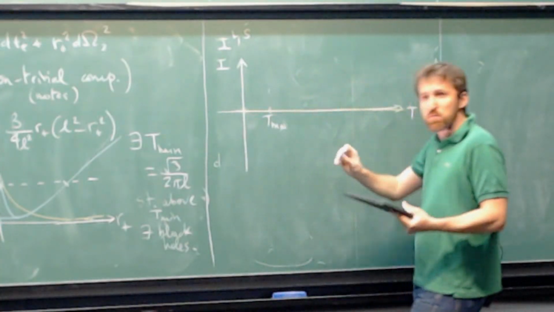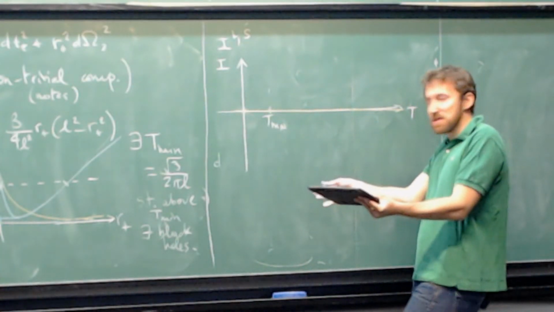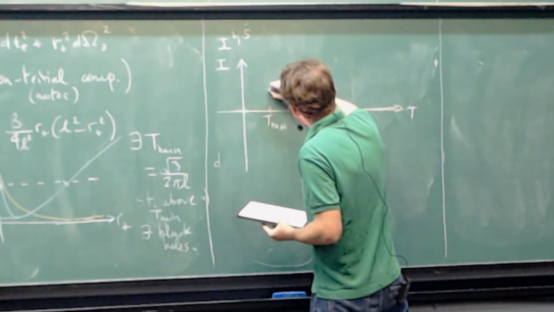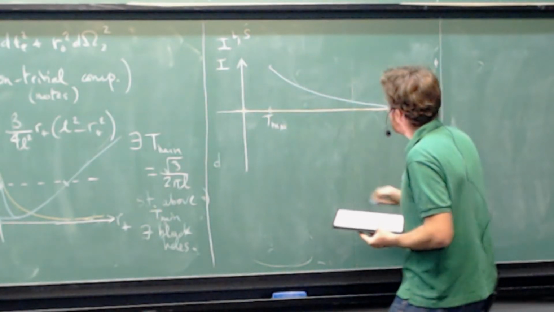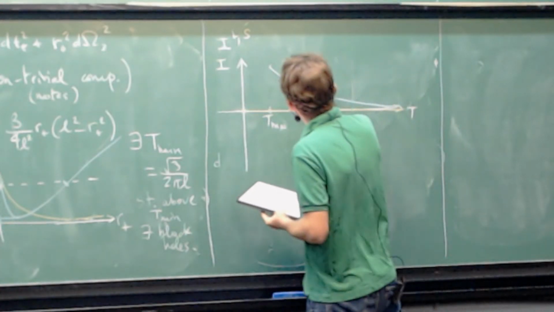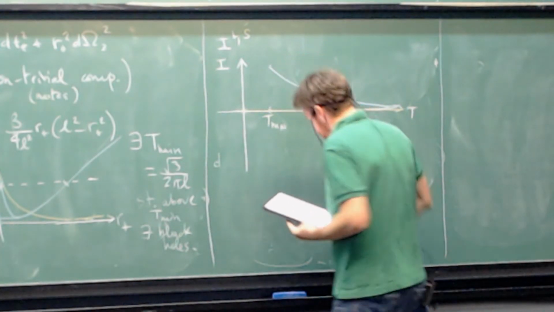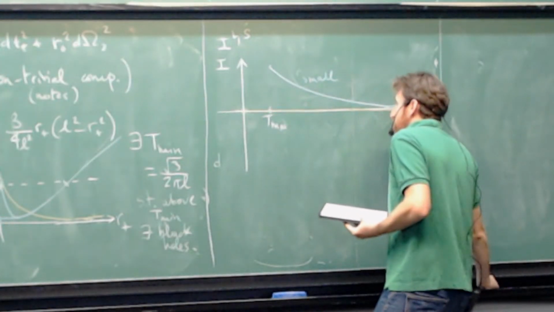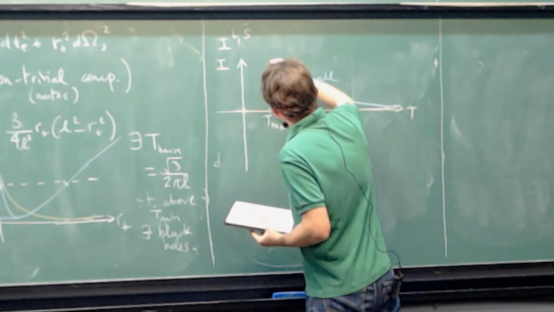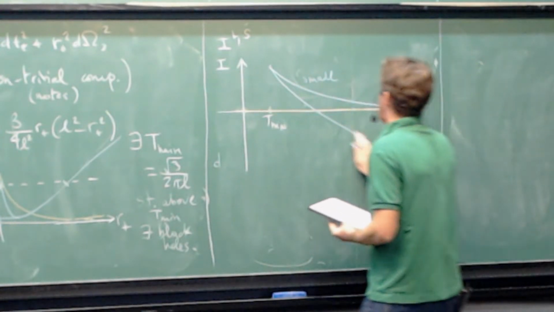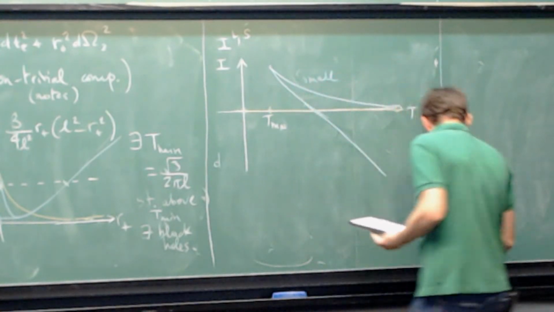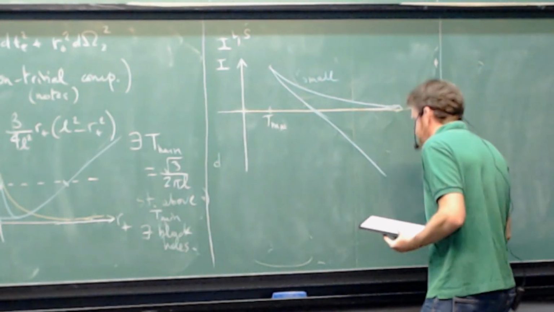And then I have two branches of black holes, the small and the large. It turns out that the small black holes have always positive action. Whereas the large black holes have an action that goes like this. Well, technically it goes like this. Okay? These are the large ones.